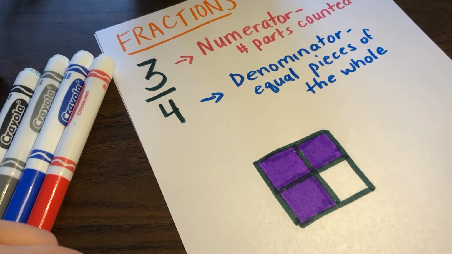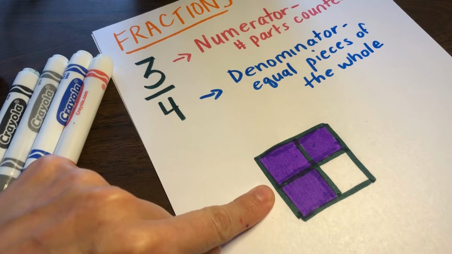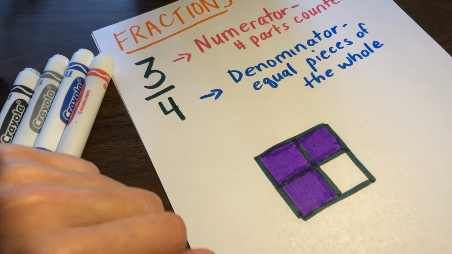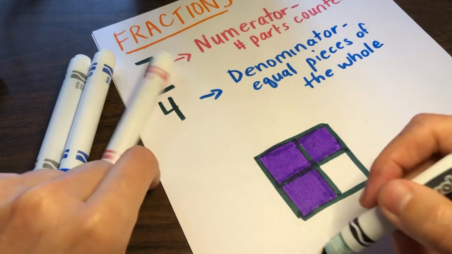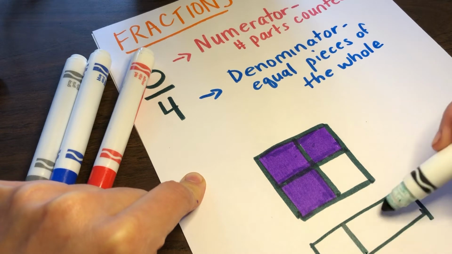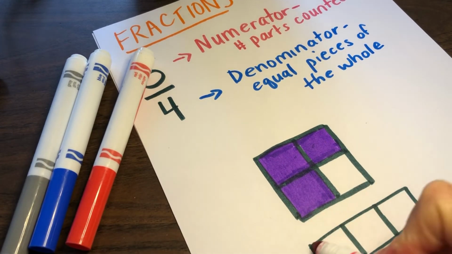We talked about unit fractions in our assignment from yesterday. So a unit fraction would just be 1 out of however many altogether. So in this case here, this is not a unit fraction because we're dealing with 3. But let's just say, like in the assignment we did yesterday, you have this little rectangle, I'll break it up into 3 equal parts, and I color in 1 of these, like this.